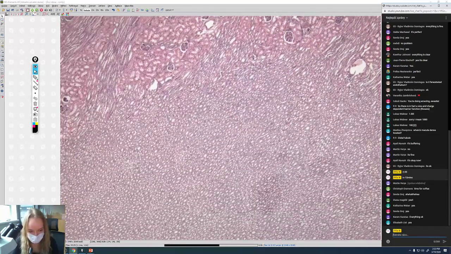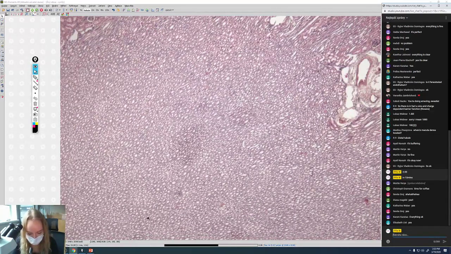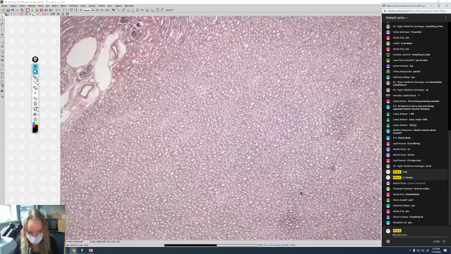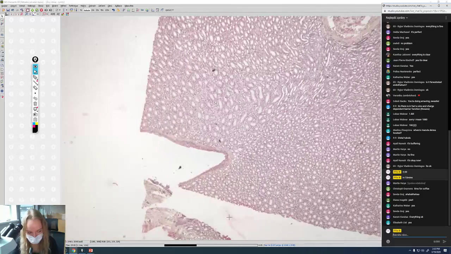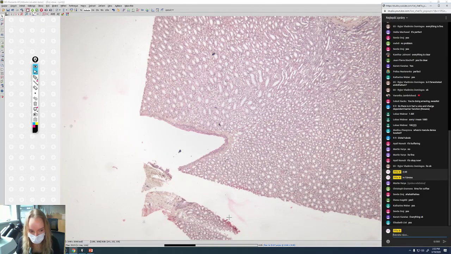So these were the collecting tubules that we described earlier. They are gathering together in the calyces, and what we can see right here is a small part of the calyx. So this big hole right here is a part of a small calyx.